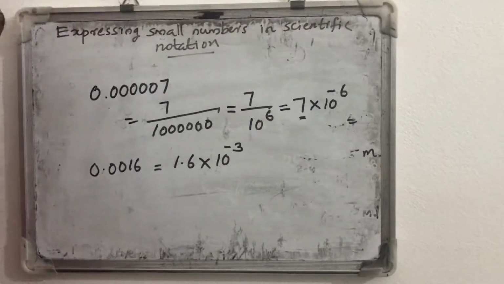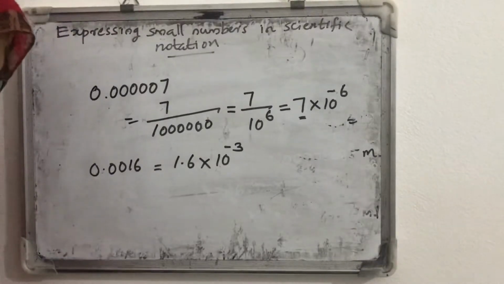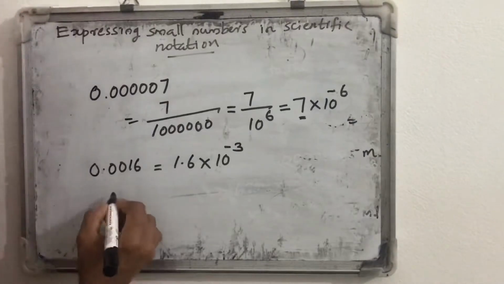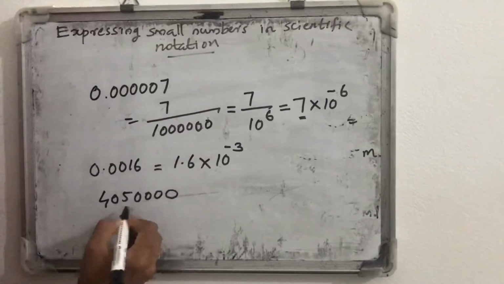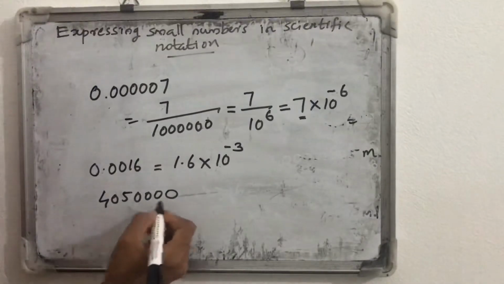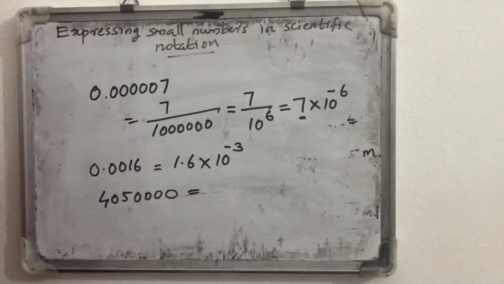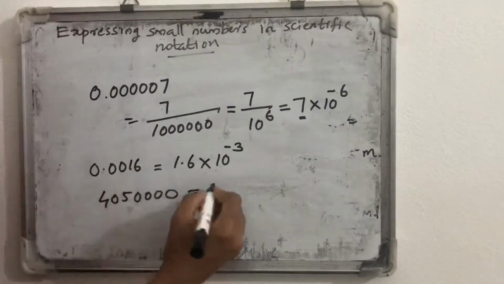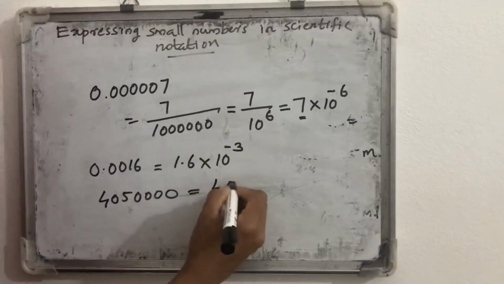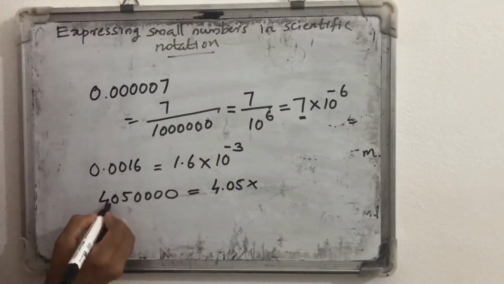Now another example. How can we write this number in standard form? Here it is a bigger number, so we can write this as 4.05 into, then how many places?